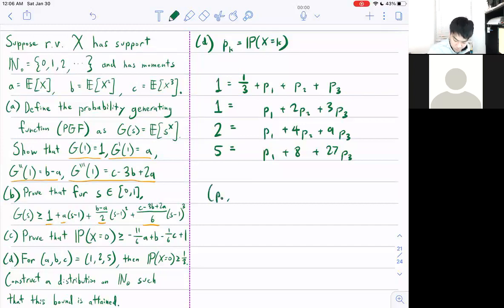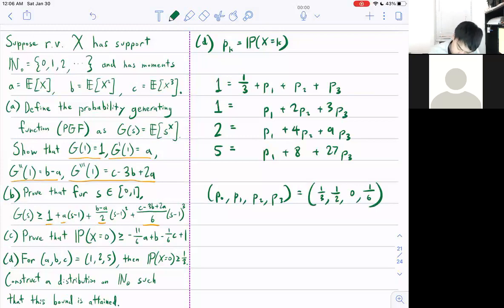P of 0, P of 1, P of 2, P of 3 equal the solution 1/3, 1/2, 0, and 1/6.